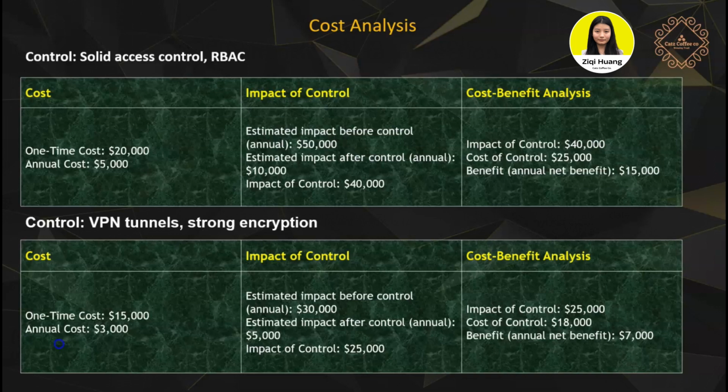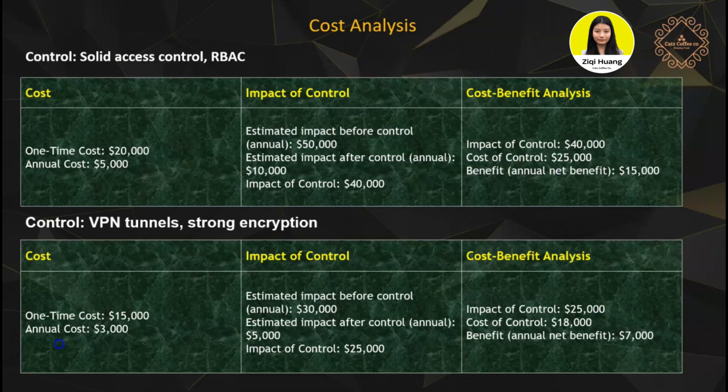Our first control is solid access control and RBAC, which is short for role-based access control. The initial investment for this control is 20,000 with annual maintenance cost of 5,000.